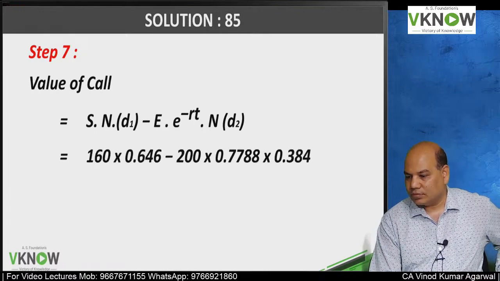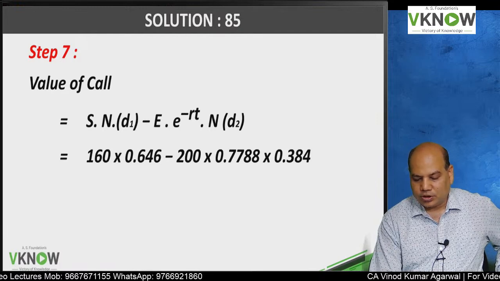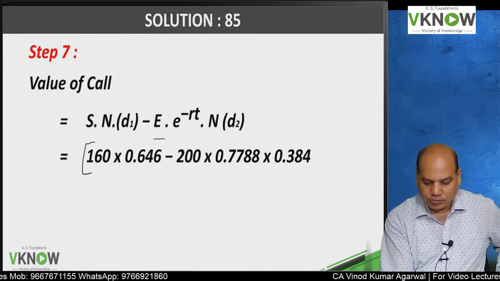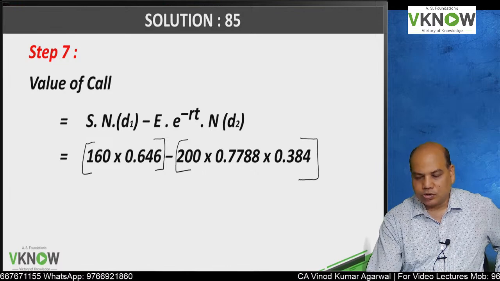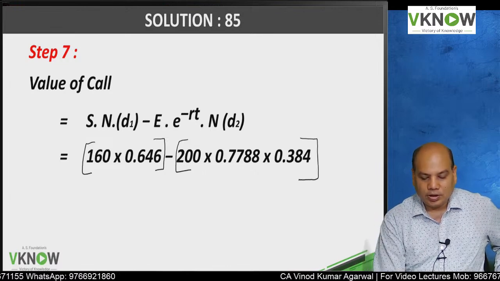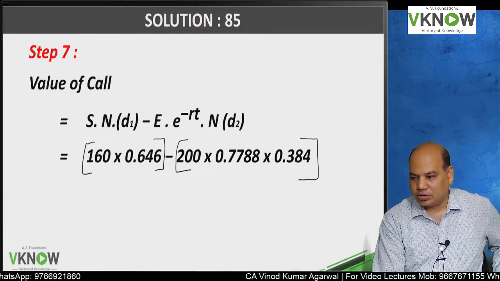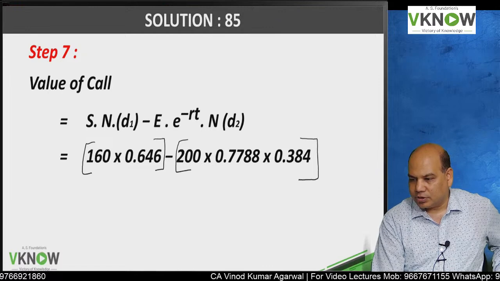Please solve. S is 160, ND1 is 0.646. So first you do this calculation minus this calculation. Black-Scholes model, we have taken many questions in the classroom, in the derivative option topic.